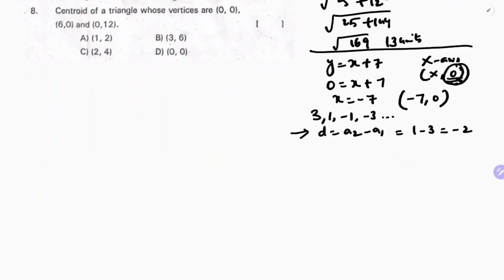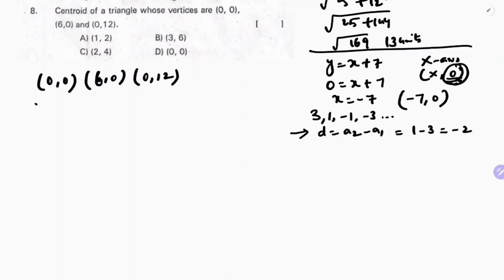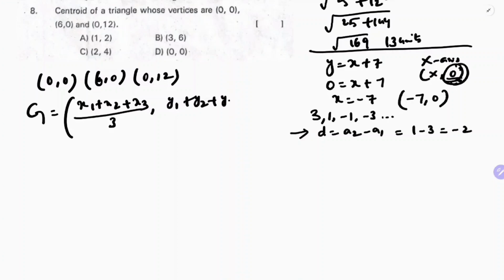Next, the last question, centroid of a triangle whose vertices are given. So 3 vertices are given: (0, 0), (6, 0) and (0, 12). So we need to find the centroid. Centroid formula is (x1 plus x2 plus x3) by 3, (y1 plus y2 plus y3) by 3.